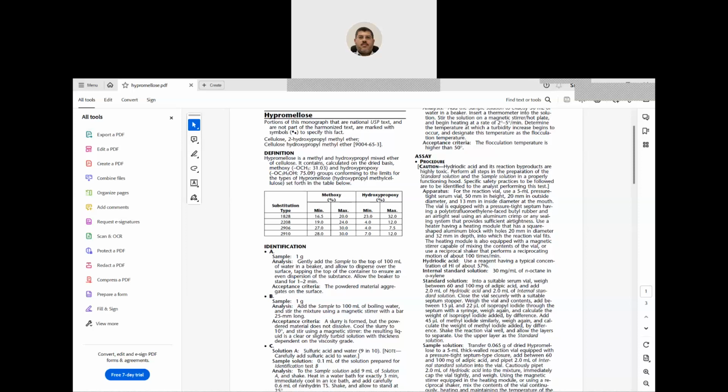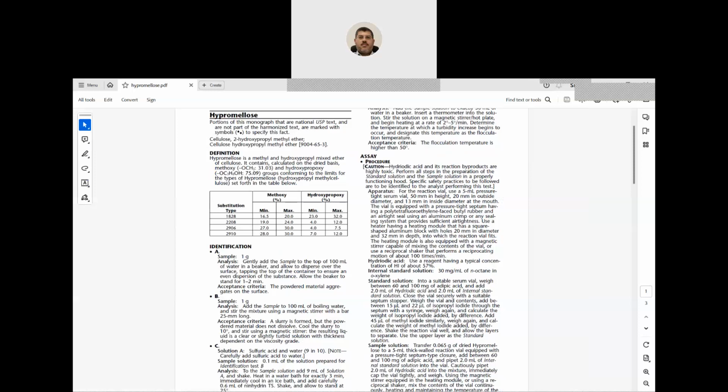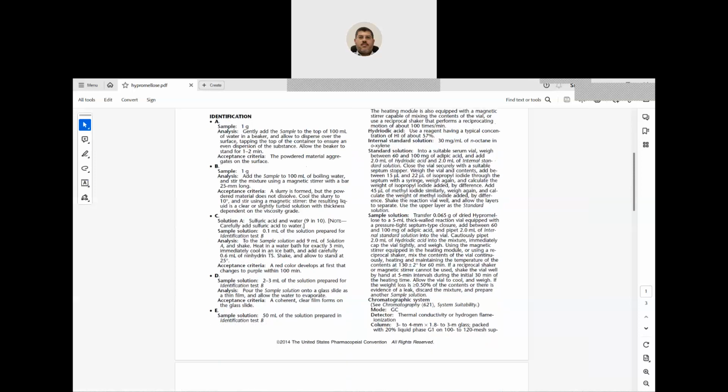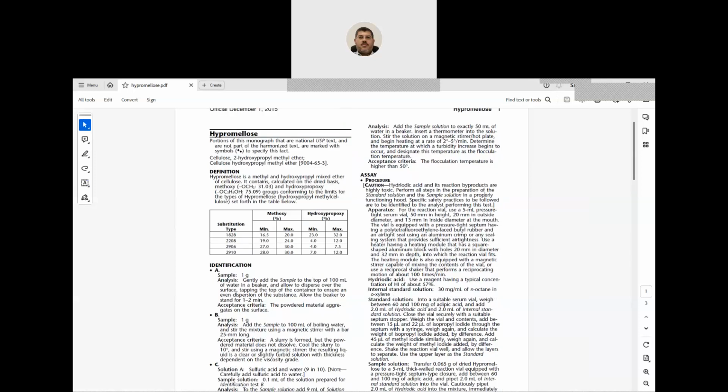So here it gives you information about the definition, what it is, and then how to identify it, identification tests, and then assay tests.